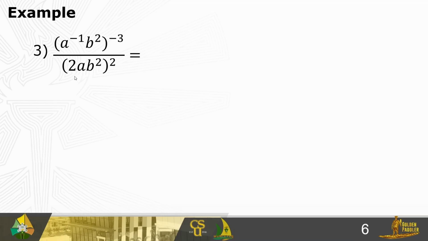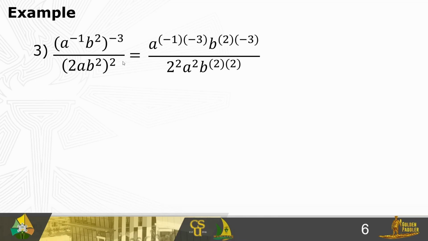And so with the exponent 2, we are going to distribute it to the exponents of the bases in the denominator. So we have a to the power of negative 1 times negative 3, times b raised to the power of 2 times negative 3, all over 2 squared, a squared, times b raised to the power of 2 times 2.